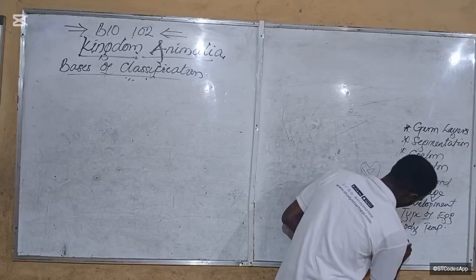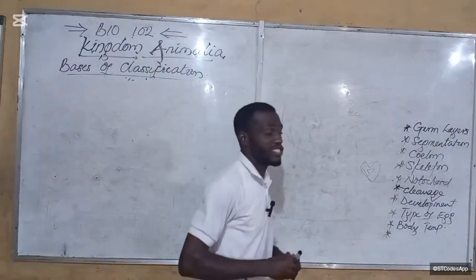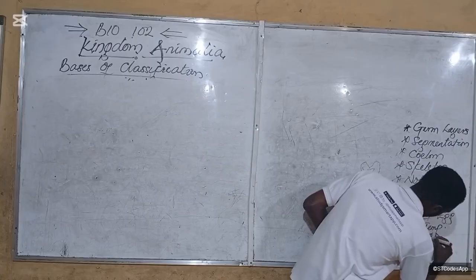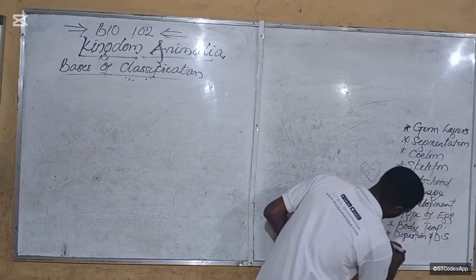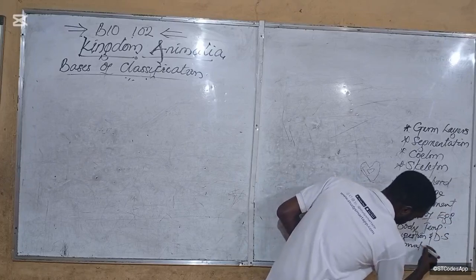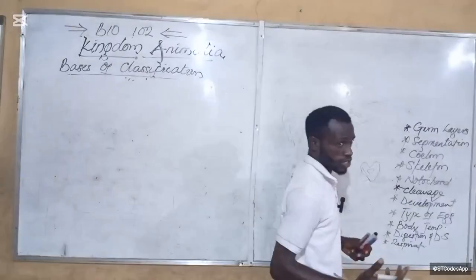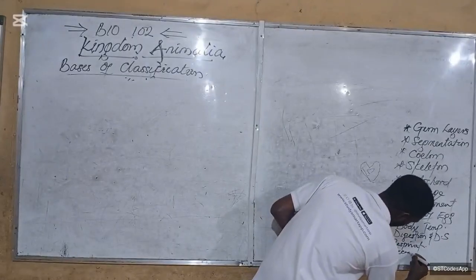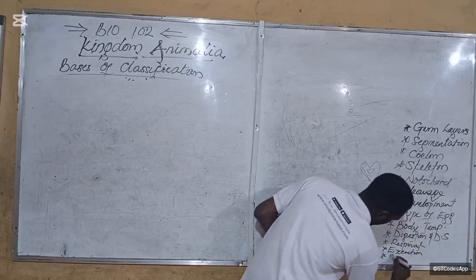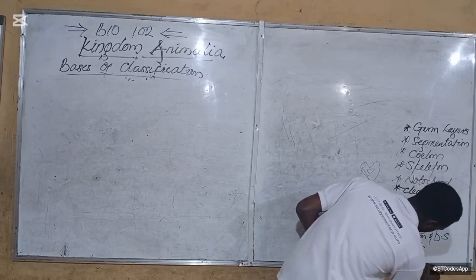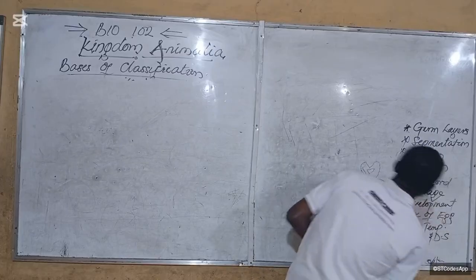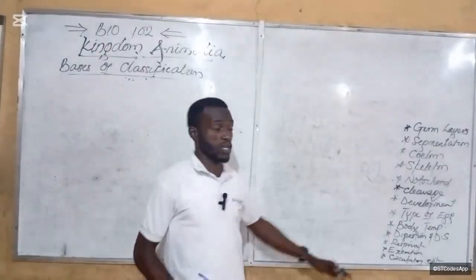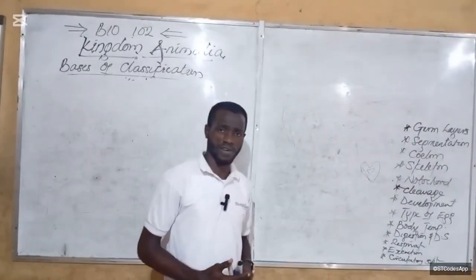We'll talk about the mode of digestion and digestive system, mode of respiration and respiratory system, circulatory system, excretion. Okay, so we are going to use all of this as our basis for classification. We're going to explain how we use them to classify organisms.